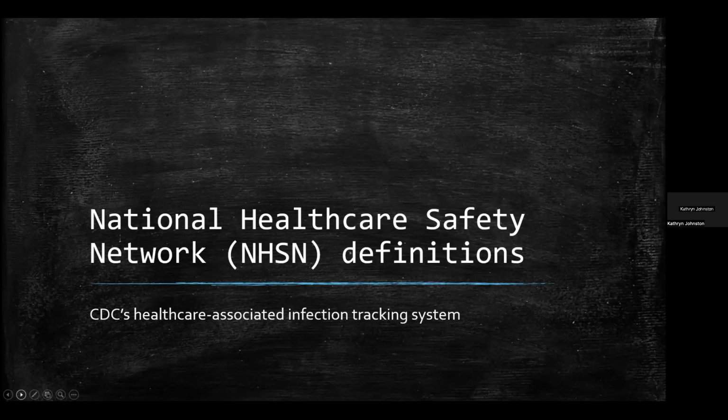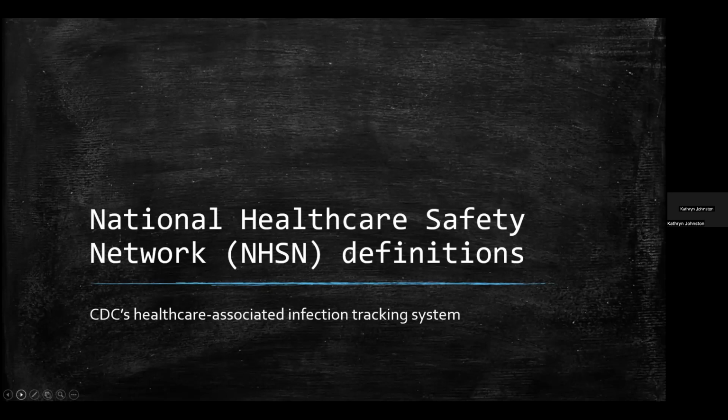But according to the WHO, the most reliable definitions for HAI surveillance are those that are issued by the United States National Nosocomial Infection Surveillance System. And these were all recently revised by the National Healthcare Safety Network, which is a department within the Centers for Disease Control. And it is actually their healthcare associated infection tracking system.